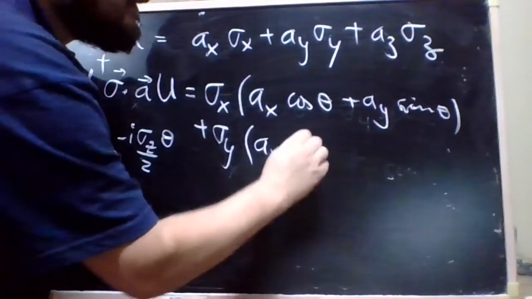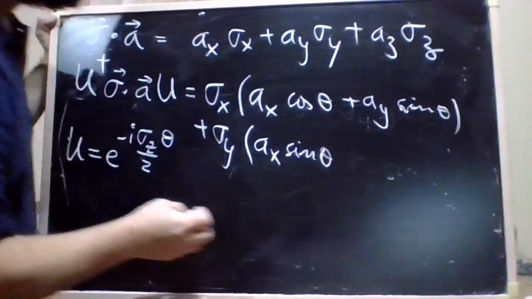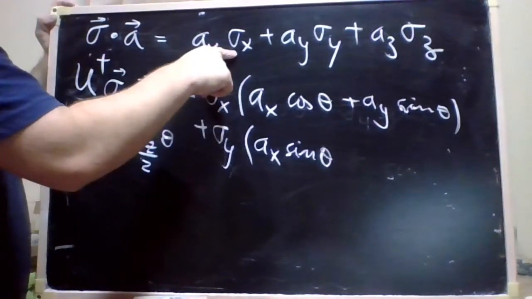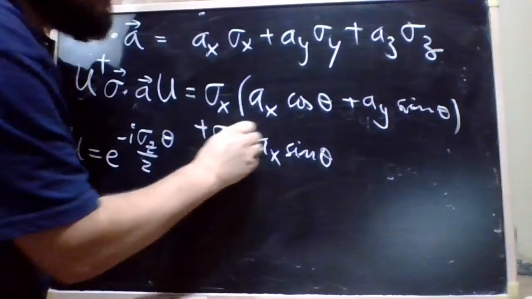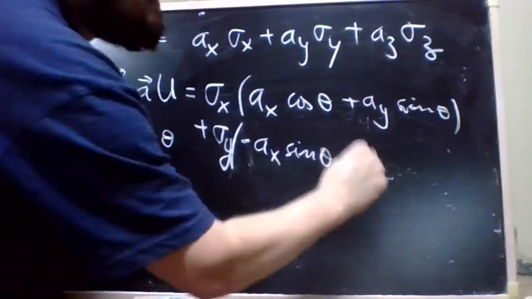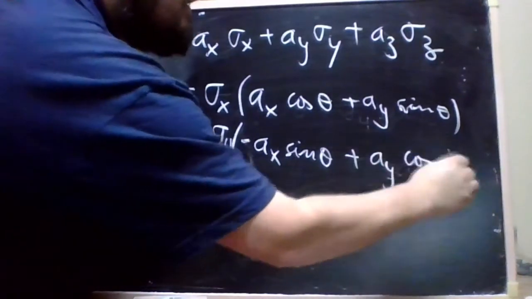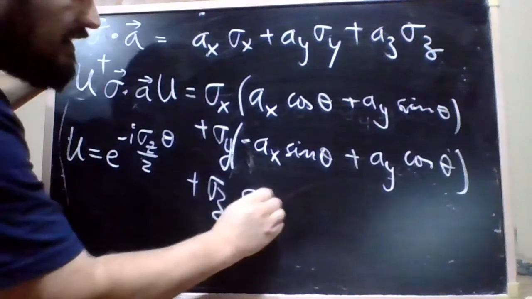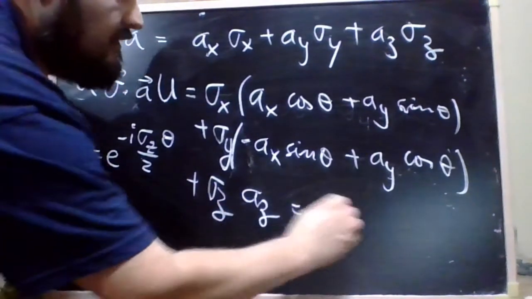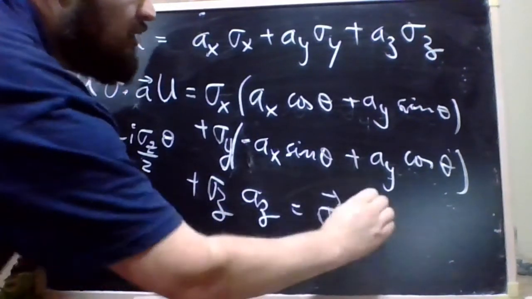Ax sine of theta. I get a minus here for the sigma y, plus ay cosine of theta, plus sigma z az, and this is sigma dot a primed.